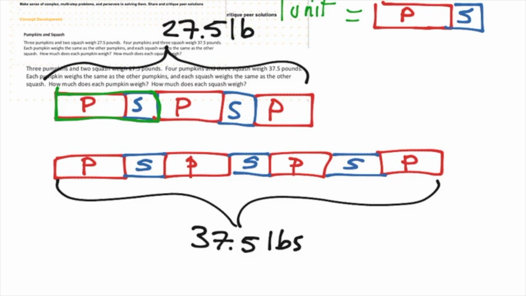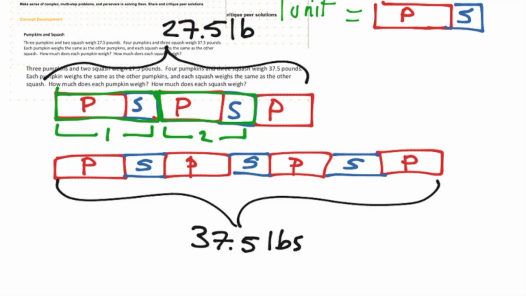Well, if I know that's 1 unit, then in this I have a second unit, right? Here's unit 1, 1 pumpkin, 1 squash, and unit 2, 1 pumpkin, 1 squash. Then we have a pumpkin left over. And I know that whole thing is 27.5. So if I'm thinking through how I want to figure out what is this 1 unit, what is the pumpkin and the squash together going to equal?